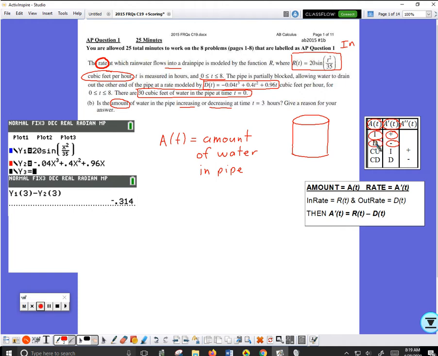So I remember this. My amount is A. It means my rate at which A changes is A prime. And A prime is simply, this is off the golden notes, my in rate subtract my out rate. So I write that down.